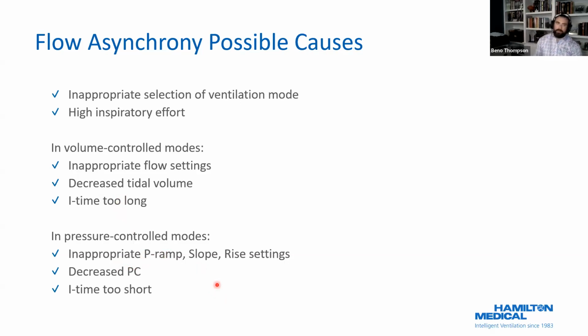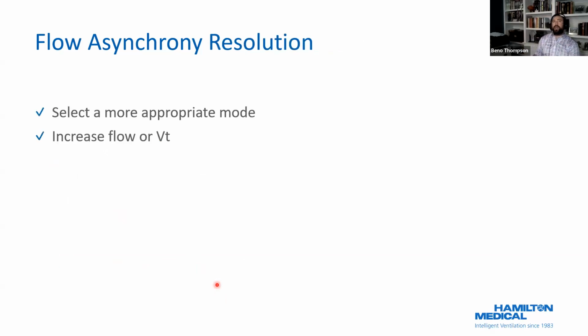Again, everybody calls it something different: ramp, slope, P ramp, slope, rise. It all does the same thing. But if that's turned way up and the patient's not getting to peak flow fast enough, then you'll see that as well. So how do we fix it? All right. Put them on a mode with variable flow or increase the amount of support that they're on.